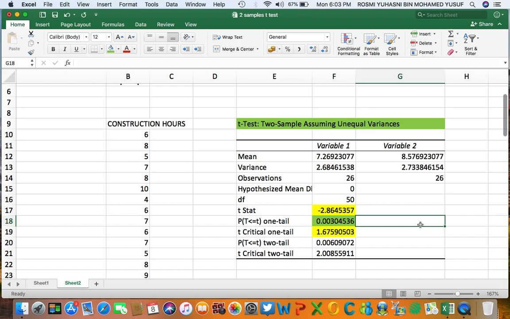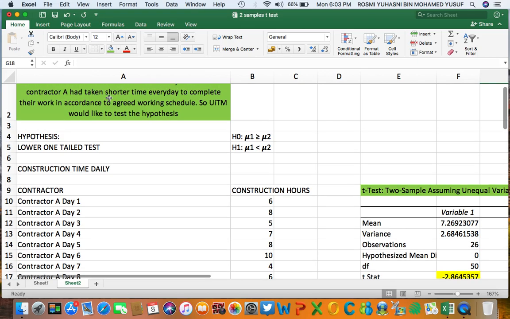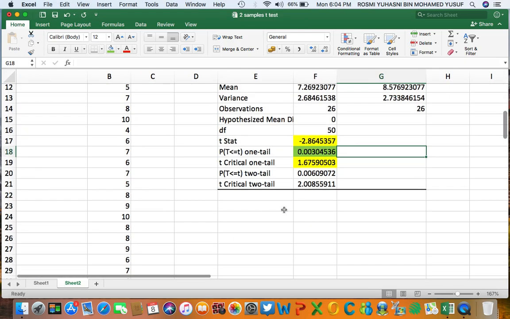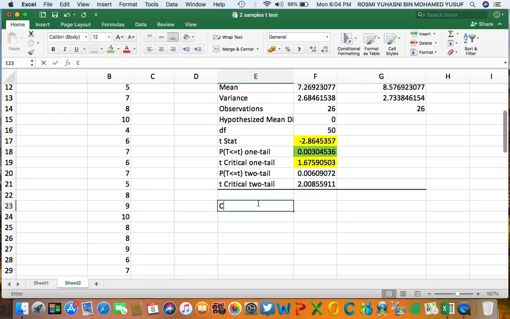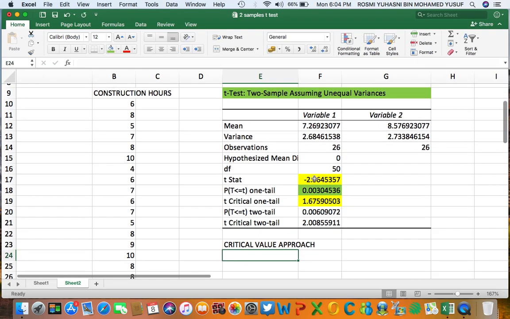We know that this is a lower one-tail test. First we have to do our hypothesis test using the critical value approach, where you compare your t-stat with the t critical value.